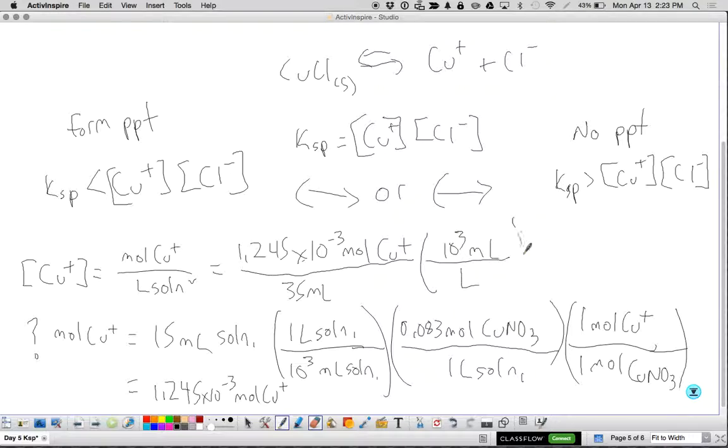I just need to make sure that my milliliters get converted to liters, and when I do that, I get 3.557 times 10 to the minus 2.